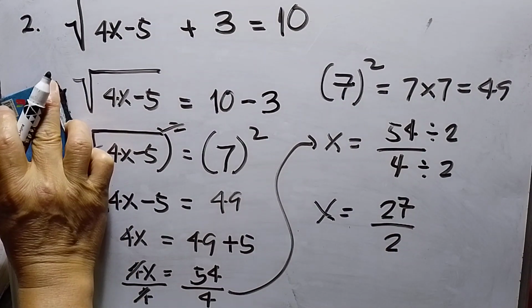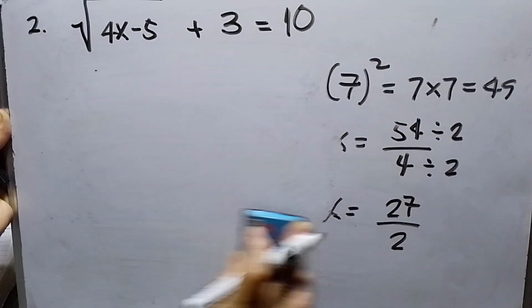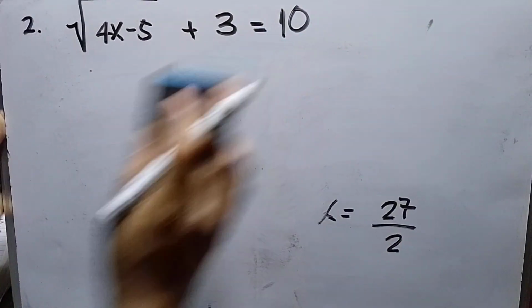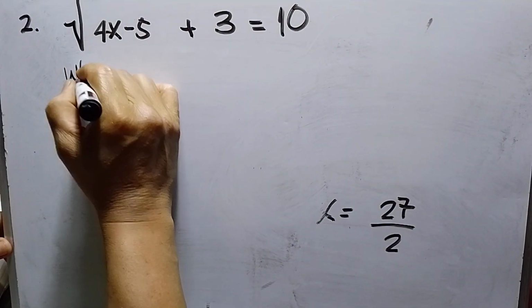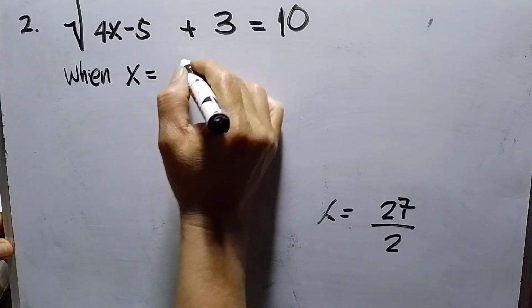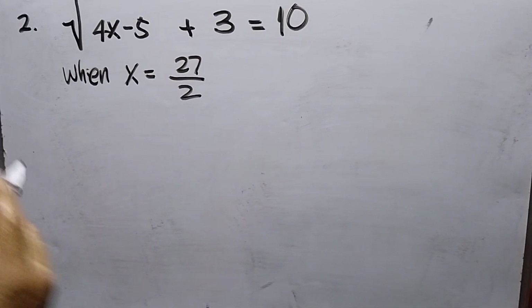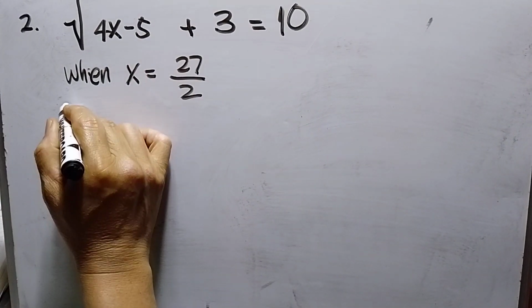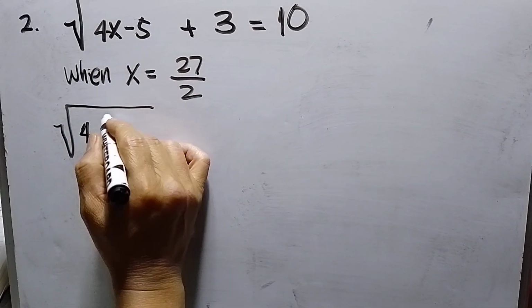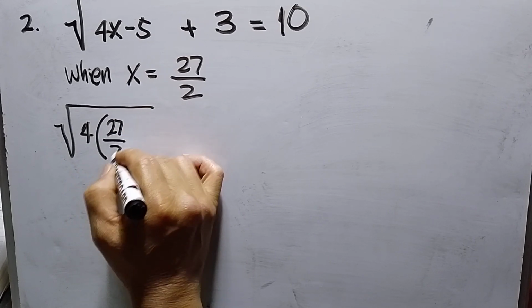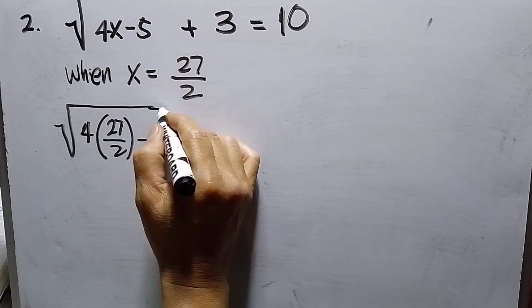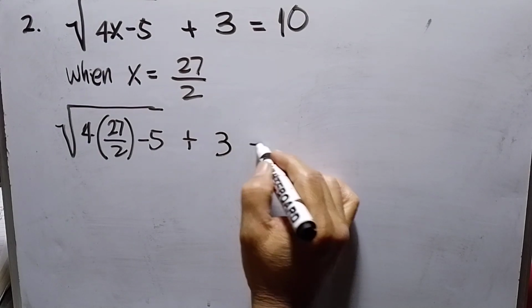Now let us check this one. When x is equal to 27 over 2, square root of 4 times 27 over 2 minus 5, then plus 3 equals 10.